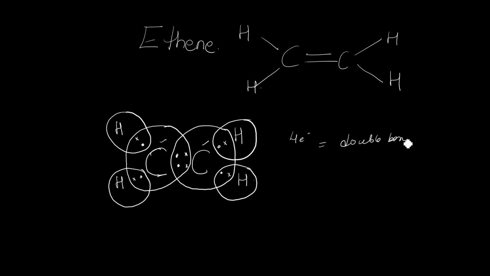If 2 electrons are there, that shows a single bond. So this is the Lewis dot structure for ethene.